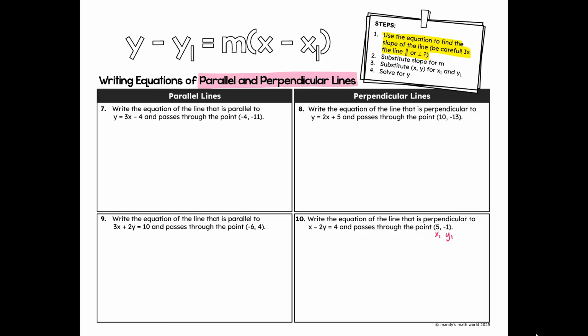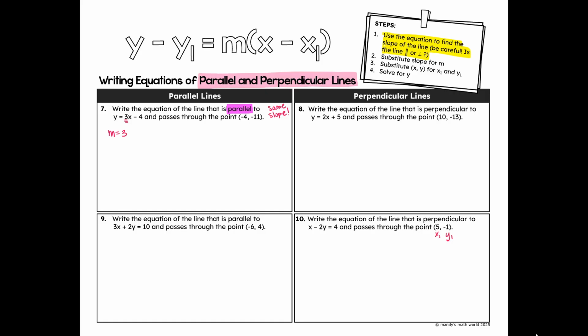Number 7 says to write the equation of the line that is parallel to y equals 3x minus 4 and passes through the point (-4, -11). Remember, parallel lines have the same slope. In this case, the slope is 3, which means the equation of the line that you're writing will also have a slope of 3.